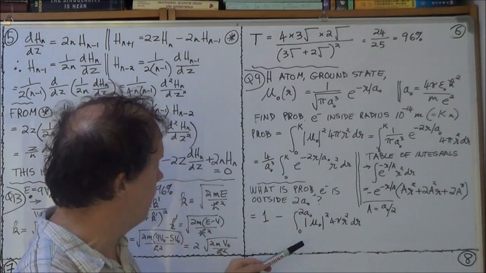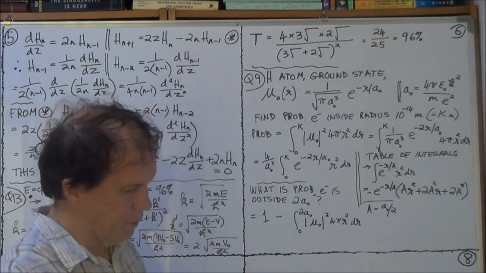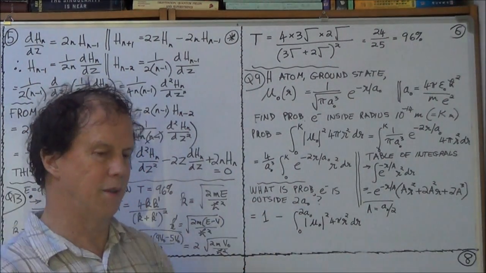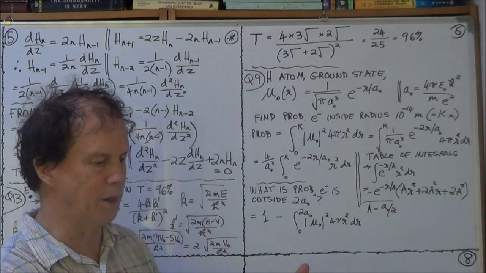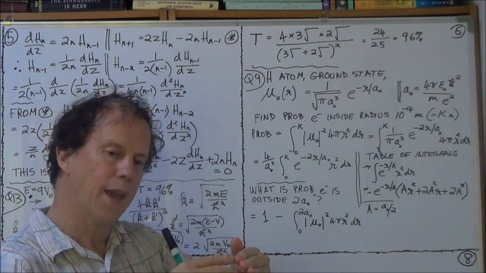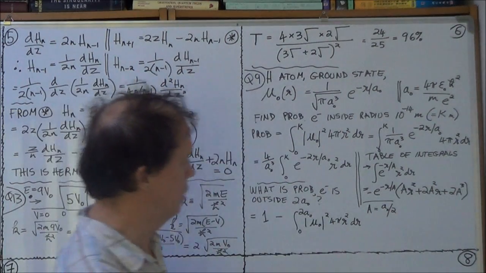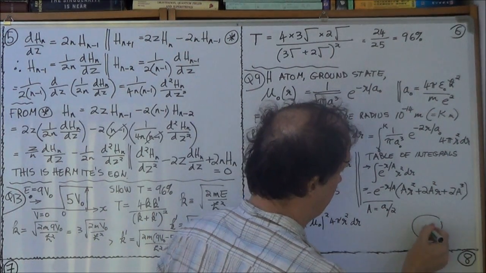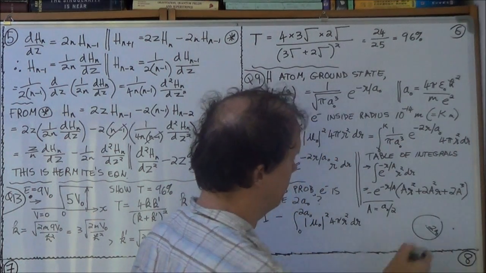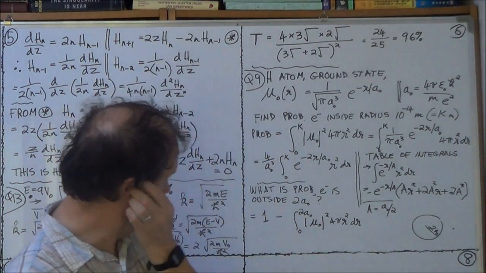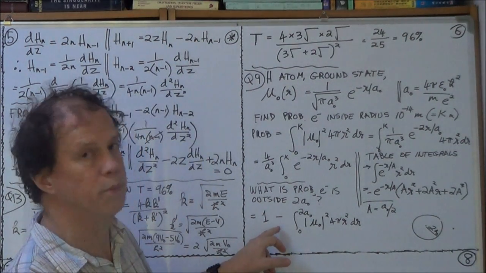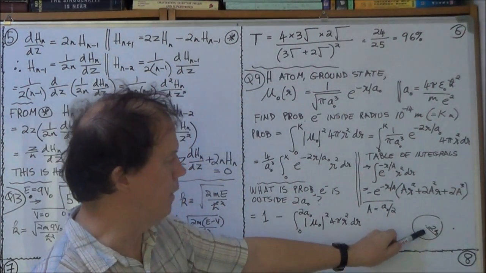Now it's got to be somewhere, right? It's got to be somewhere in an infinite sphere about the nucleus. So the probability of it lying outside this range, 2 a0, somewhere outside, will be 1 minus the probability of it being inside.